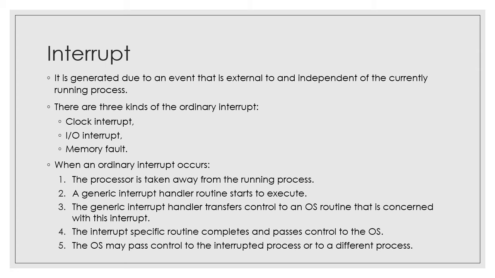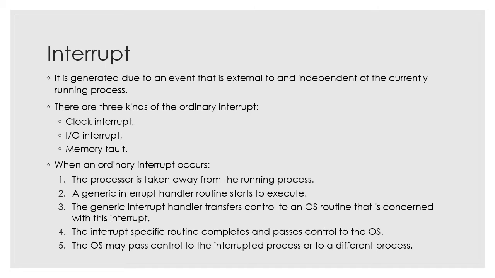It does some basic housekeeping, like changing the user mode of the processor to kernel mode, as a user process is no longer running now. The OS is running. The generic interrupt handler transfers control to an OS routine that is concerned with this interrupt. The interrupt specific routine completes and passes control to the operating system.